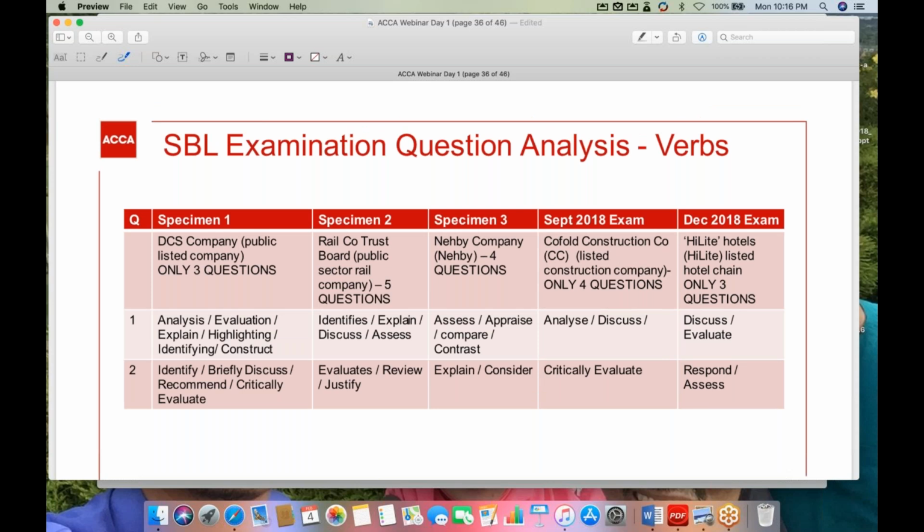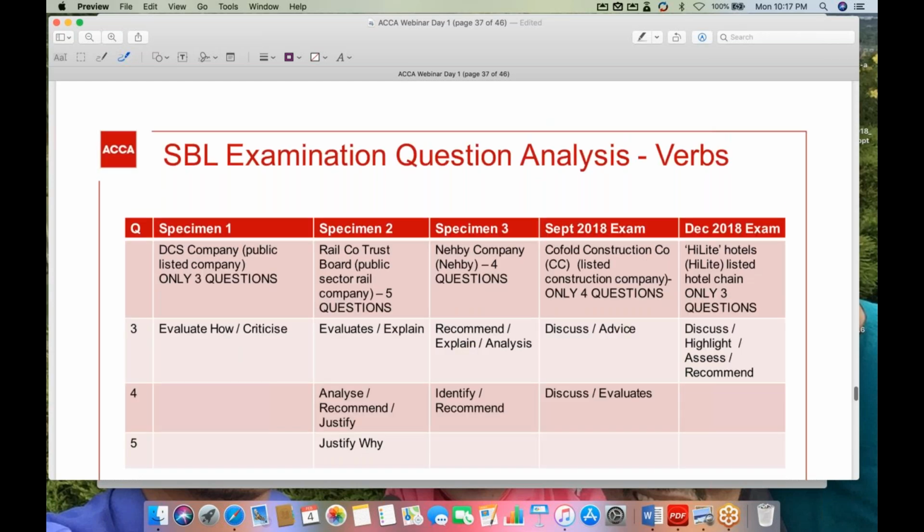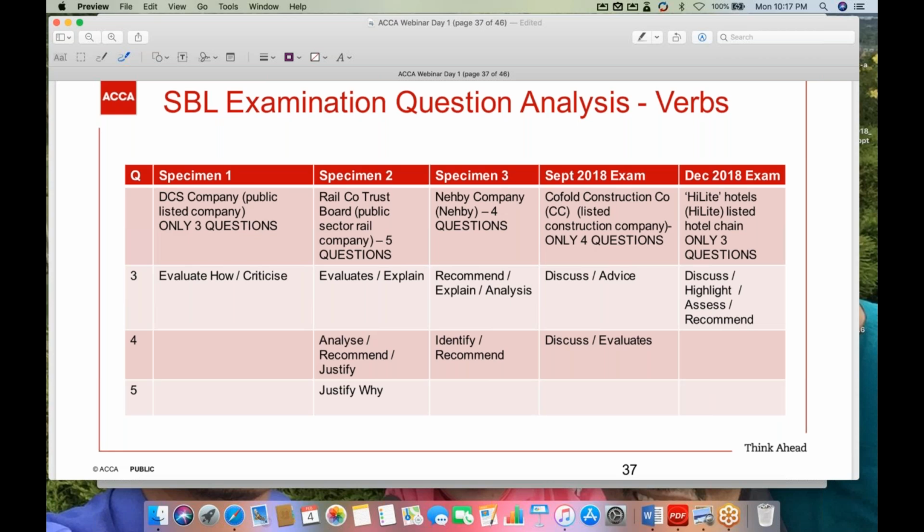These are the common ones that you will find: analysis, evaluation, explain, highlighting, identifying, construct, discuss, assess, compare, contrast, identify, briefly discuss, recommend, critically evaluate, review or justify, consider, critically evaluate, how, criticize. These are among the verbs that you will find inside this particular analysis.